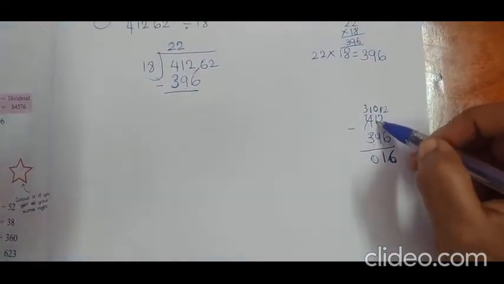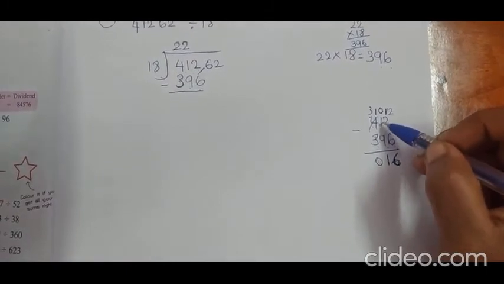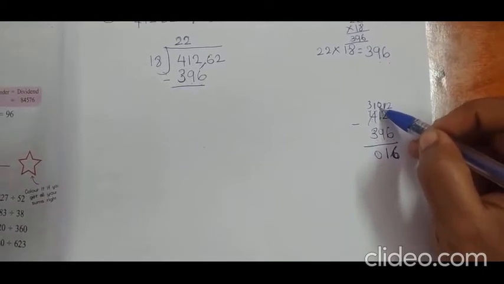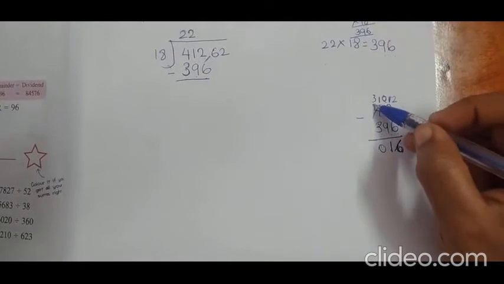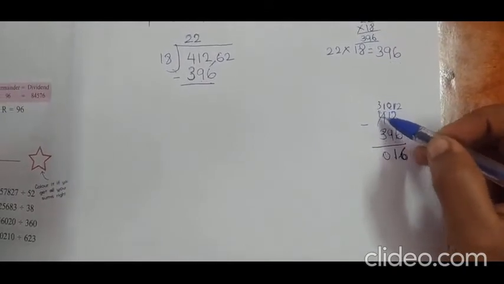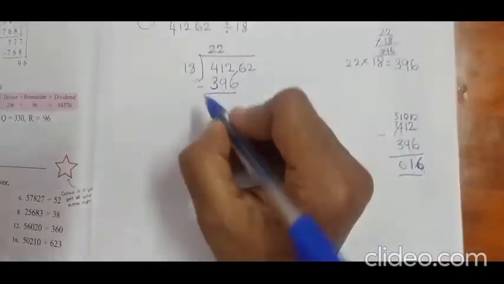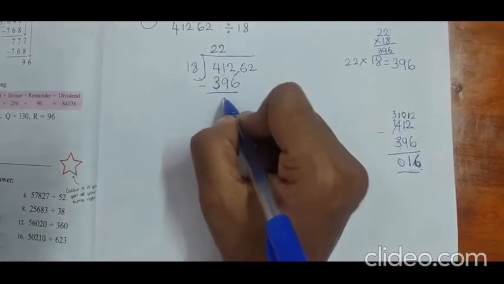What is remaining here? 0, since we borrowed. So we cannot minus with 9. We will borrow 1. This 0 will become 10. So 10 minus 9, 1. Here we have 3 only. 3 minus 3, 0. So what we got? 16. 412 minus 396. What's the answer? 16.